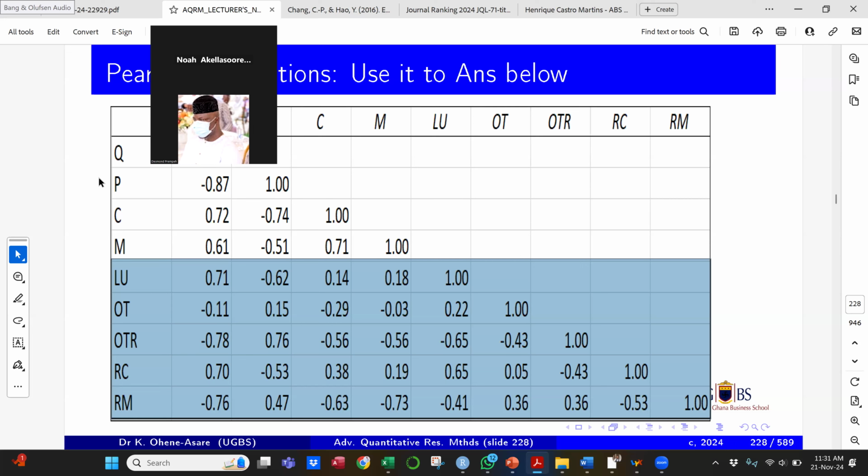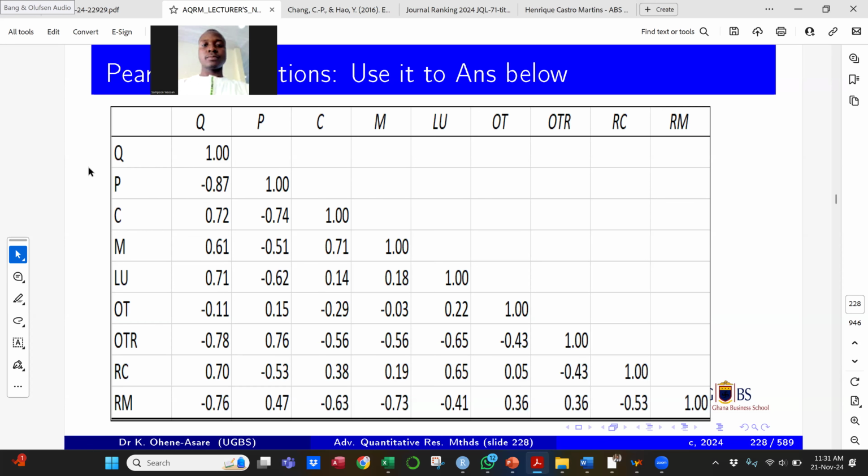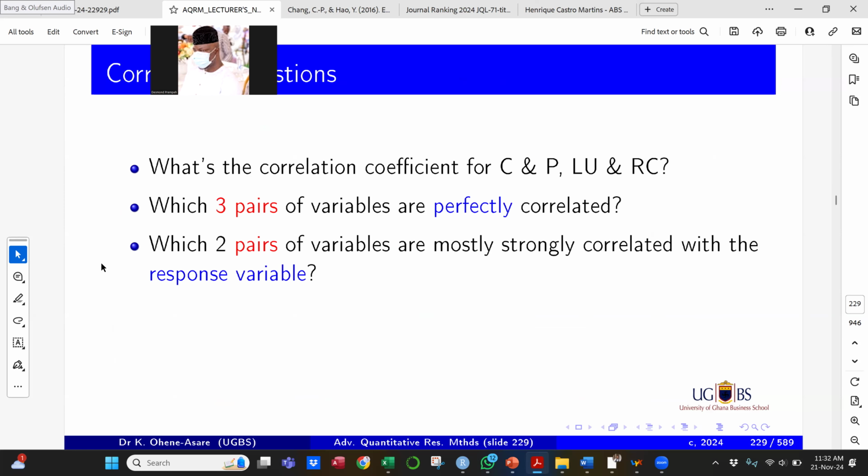P. Very good. What's the value? Negative 0.87. Which is the least correlated? OT, sir. It's not OT. Okay, you are taking the dummies as well. Yes, you are taking the dummies. Negative 0.11. Very good. You should be able to know how to read.